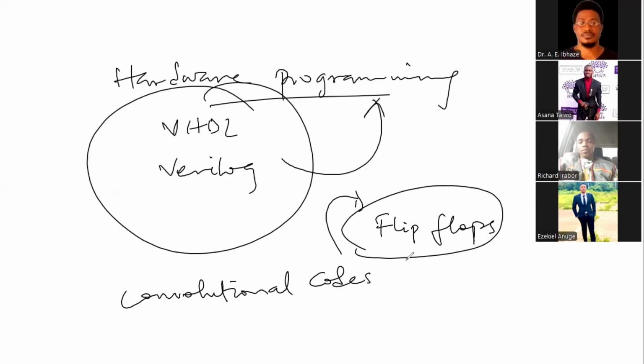So in as much as we try to play with all of the zeros and ones, for us to now be able to implement this code in practical systems, we now have to come back to digital communication, where we now have to play with all of those combinational and sequential logic. So I know if I have to implement my low density parity check codes, it builds on the block codes.